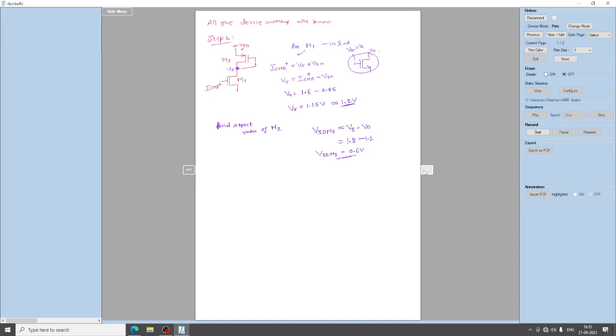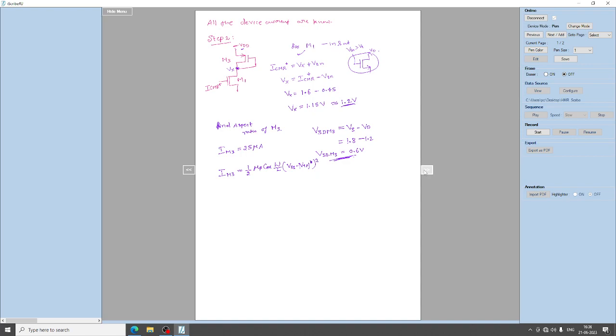So now we have the current flowing through M3, which is 25 microamps, and the overdrive voltage of M3, which is 0.6 volt. Using the saturation current equation, IM3 equals 1 by 2 mu p COX W by L into (VDS minus VTP) whole square.